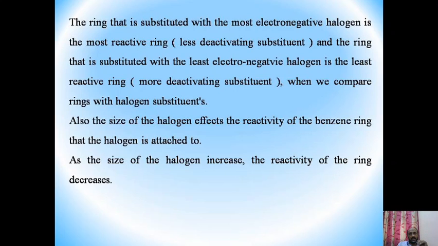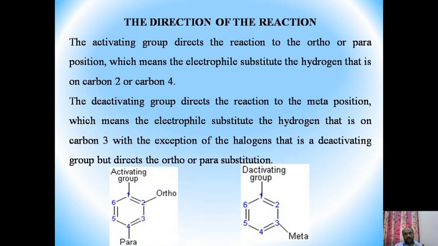Also, the size of the halogen affects the reactivity of the benzene ring to which the halogen is attached. As the size of the halogen increases, the reactivity of the ring decreases. Now, the direction of the reaction.